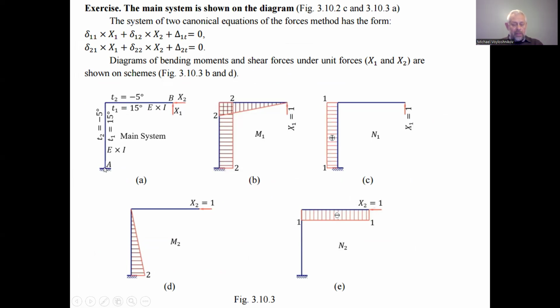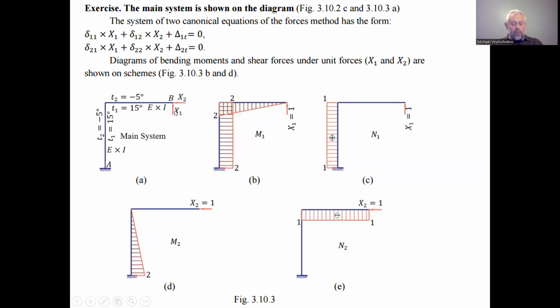using the balance equation, the reaction in the bending A. It's easily understandable, because the horizontal component of the resultant at the point A is equal to minus x2 due to the balance of forces acting in the main system, and the vertical component is equal to minus x1, the resultant force applied in the support A, and as well the rotating moment at the point A counterclockwise from both forces.